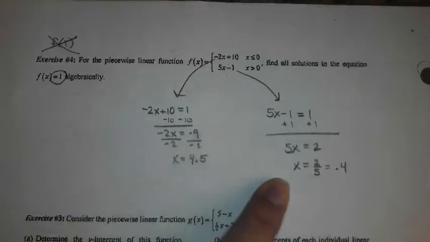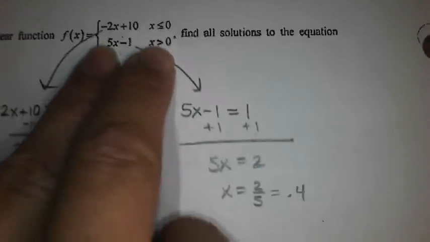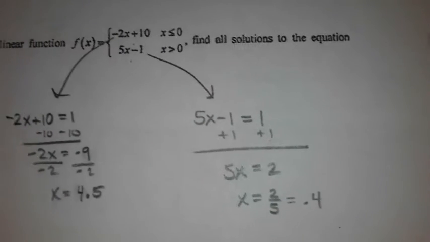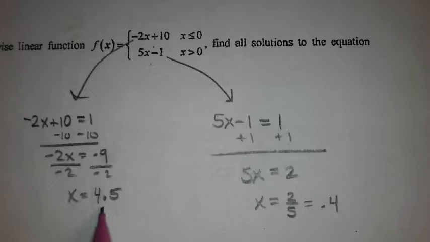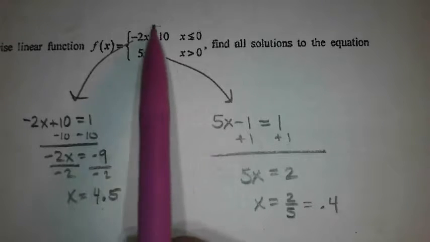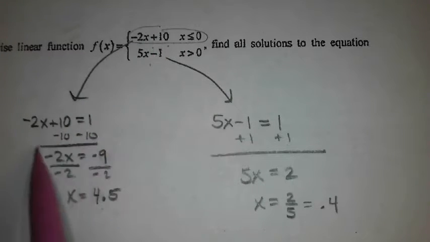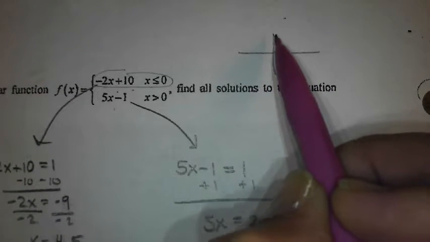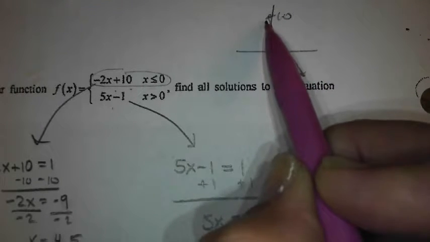It doesn't have to be equal to, it just has to be greater than. The answer to this piece just has to be greater than, so it is greater than. But he's definitely on the right track, Isaiah. Correct. So in this equation, this would equal 1, this line, if you take a quick peek at the line negative 2x plus 10, has a y-intercept of 10 and a slope of negative 2, right?